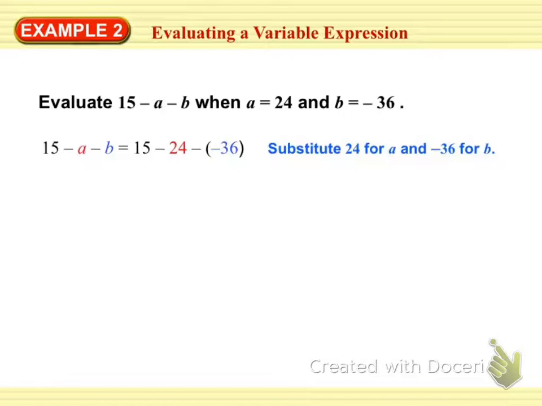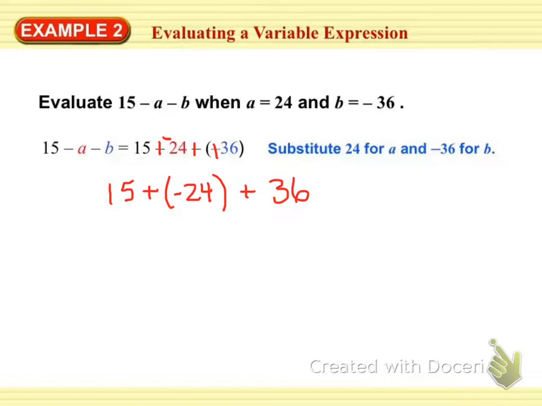We have two subtractions to change to addition. 15 minus 24 would be plus a negative 24, then minus a negative 36 would be plus a positive 36. We could rewrite it as 15 plus negative 24 plus 36, and then follow the rules from yesterday where we combine like terms or group the forces together.